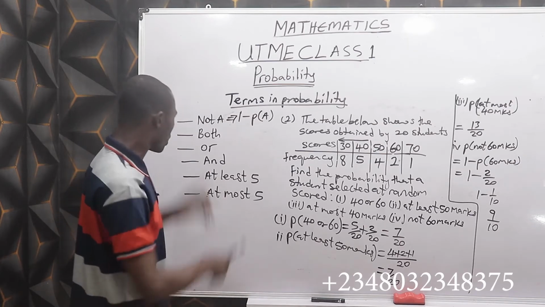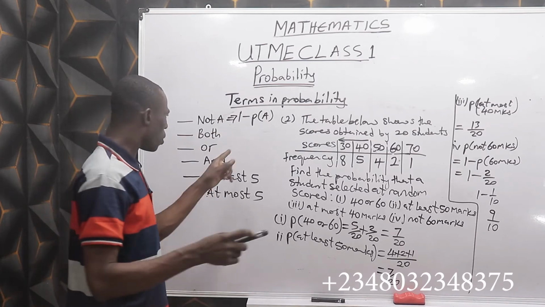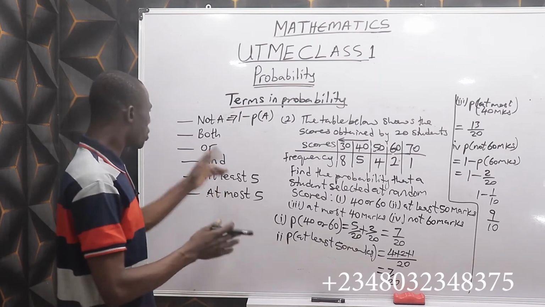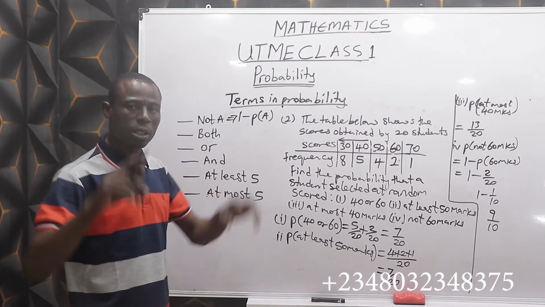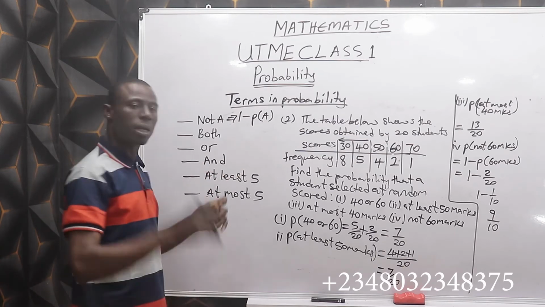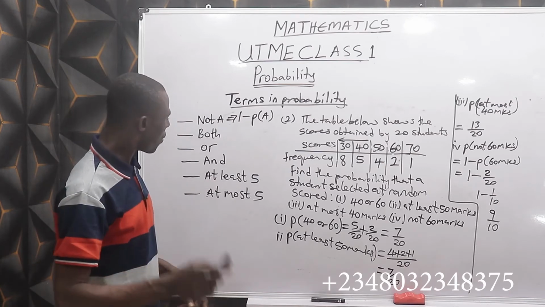So anywhere you see not, remember it means 1 minus probability of that thing. Both refers to two items which eventually result in the use of and. Or means addition, and means multiplication. At least 5 means 5 and above.